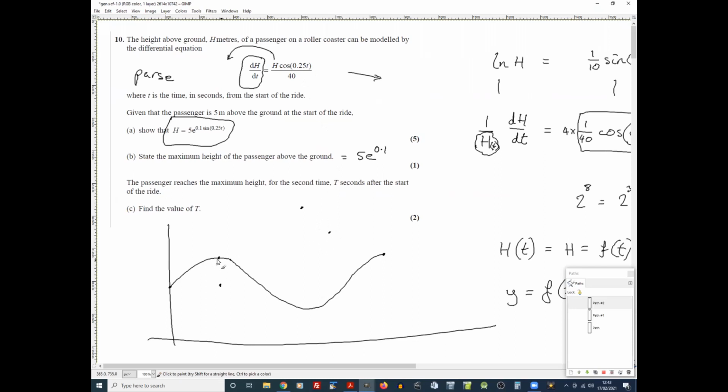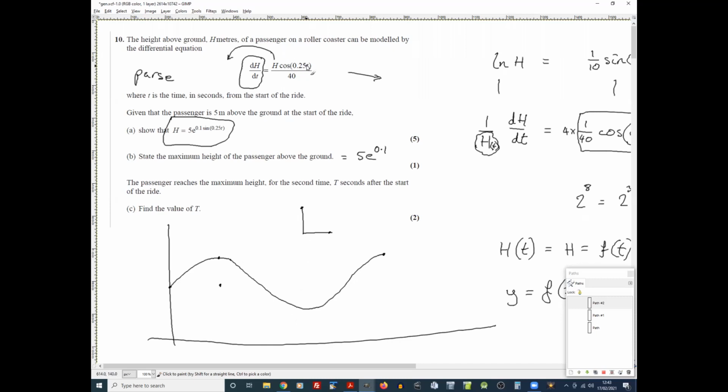So here is getting to 12 o'clock for the first time, and then carrying on round, you get to the top of the clock a second time here. But yes, if we find the time taken to get from 3 o'clock up to 12 o'clock, well, that's not going to be hard, is it?